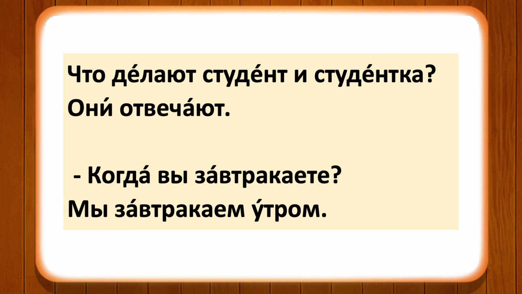Student and студентка make они. So, the form of the verb that is used is for они. Что делают студент и студентка? Студент и студентка отвечают. You can also answer it like: они отвечают.